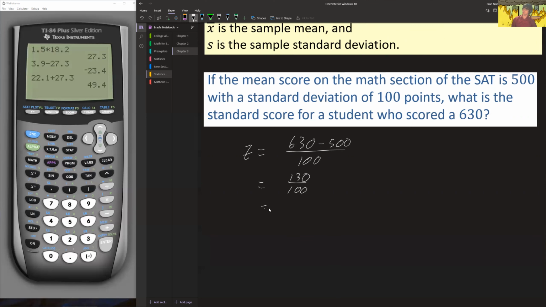Divided by 100 is 1.3. What this tells me then is that the student's score is 1.3 standard deviations above the mean. Okay.